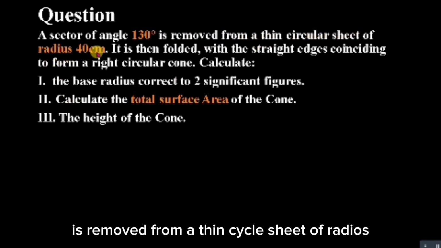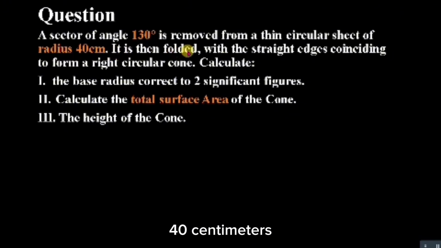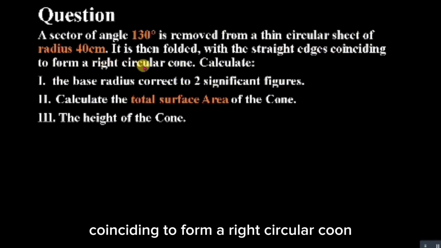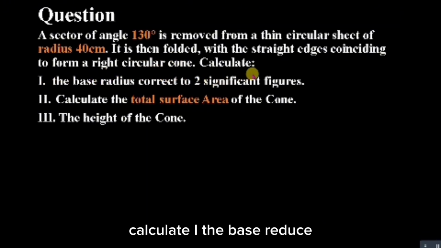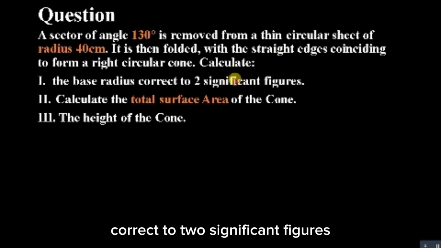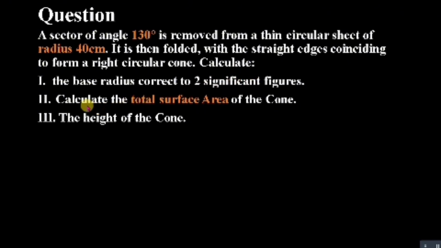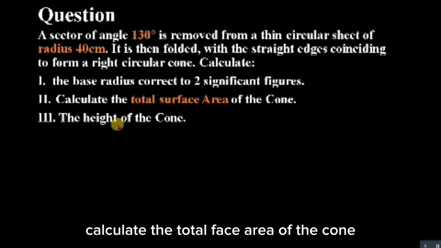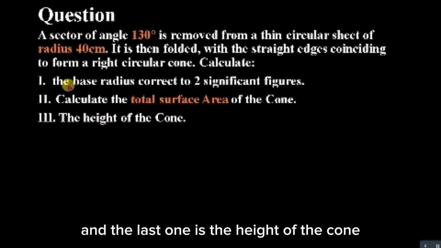It is then folded with the straight edges coinciding to form a right circular cone. Calculate one, the base radius, correct to two significant figures. So we want to deal with that one first. But then the second is saying calculate the total surface area of the cone, and the last one is the height of the cone. So let's deal with the first one, the base radius correct to two significant figures.